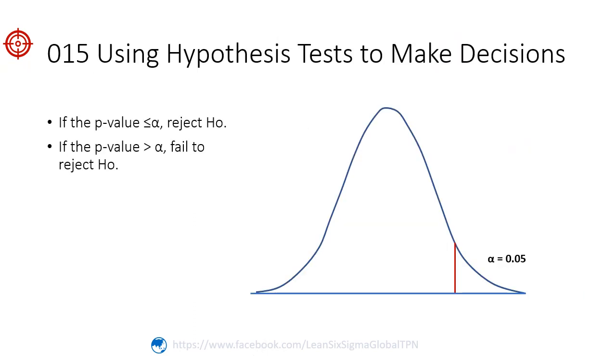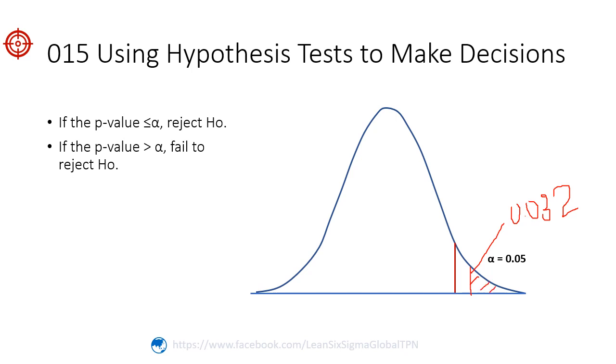Suppose alpha is 0.05. So what if the p-value is 0.032? Would we reject or fail to reject the null hypothesis?